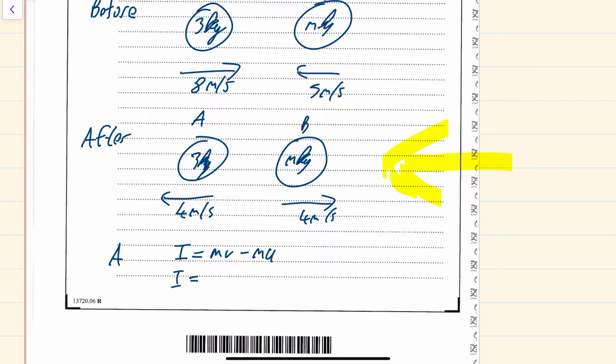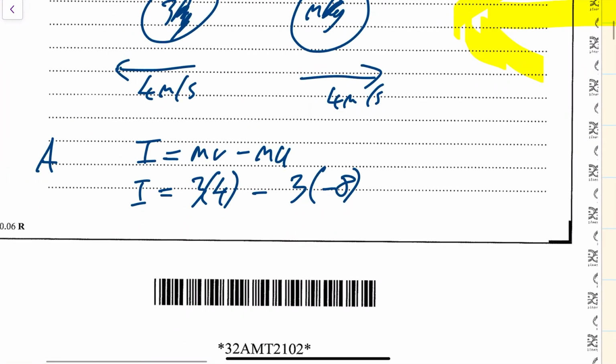So that means my mass of A was 3, my final velocity was v, my mass of A originally was still 3, and my initial velocity then was 8, but in the other direction. So that's what we've got. Now, if you do it on your calculator, that is going to be 12 plus 24. That's going to be 36, and that's going to be Newton seconds.